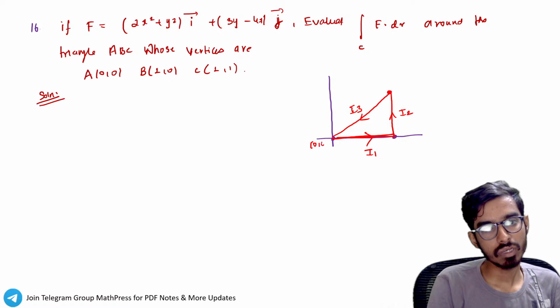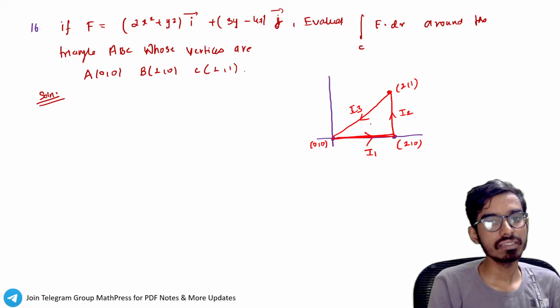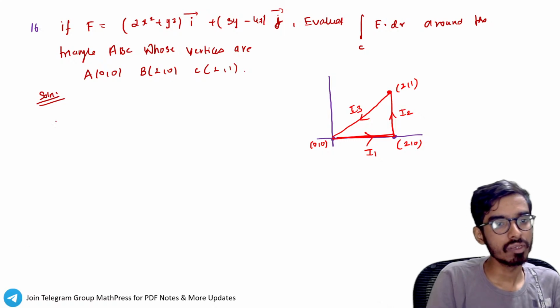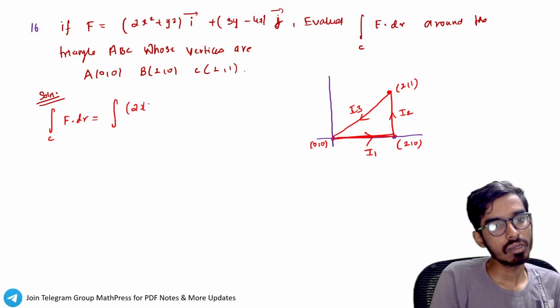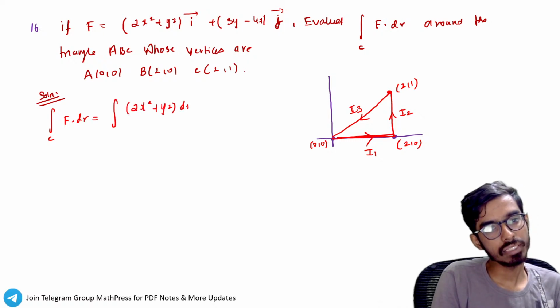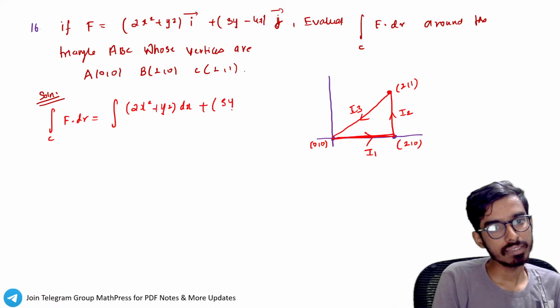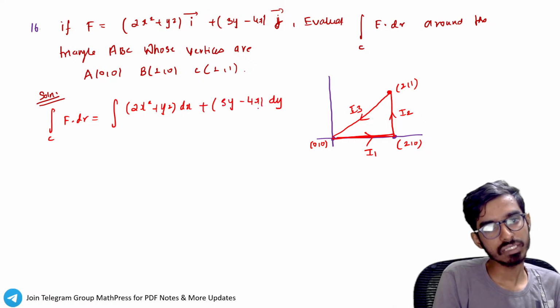I1, I2 are very easy. For I3, you need to find the equation of the line joining these 2 points. Before that, what is integral F dot dr? It is 2x square plus y square dx plus 3y minus 4x dy.